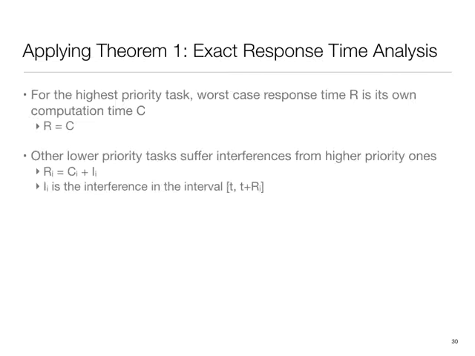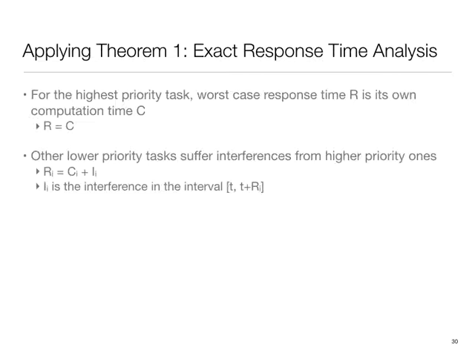So that's straightforward. But if I look at an arbitrary task, something which is not the highest priority, then its response time is going to be equal to its computation time plus an interference term. And this interference will depend upon all the other high priority tasks, right? By interference, I mean that they are going to use the CPU also.